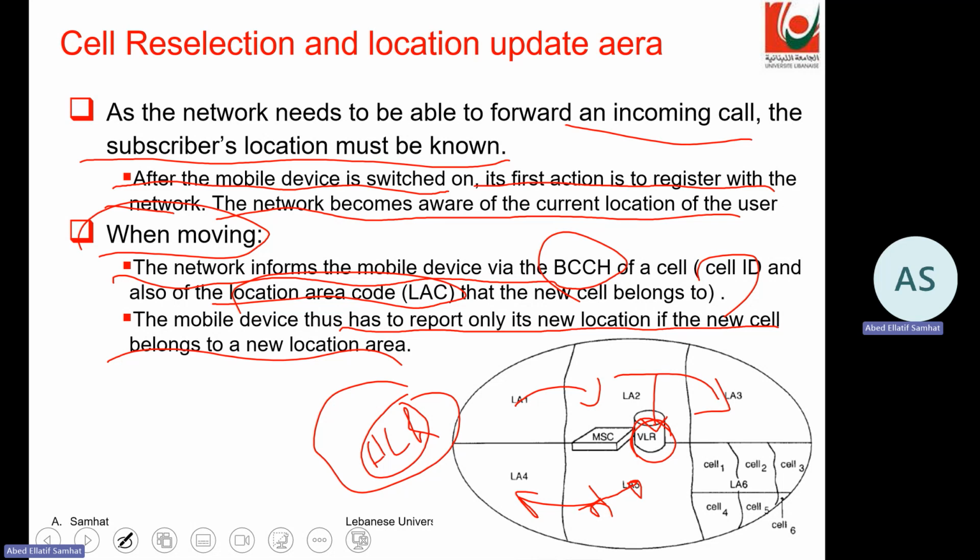So the mobile device will report its new location to say that it is in location area 4, and this is registered at the VLR. That's why, when moving from cell 1 to cell 2 or from cell 2 to cell 3 within the same location area, the mobile device will not report the new location.